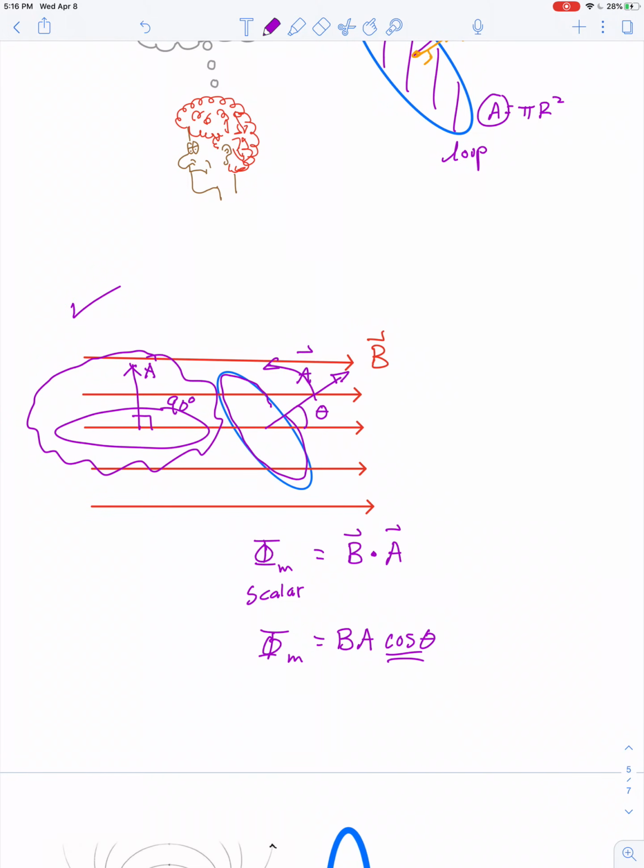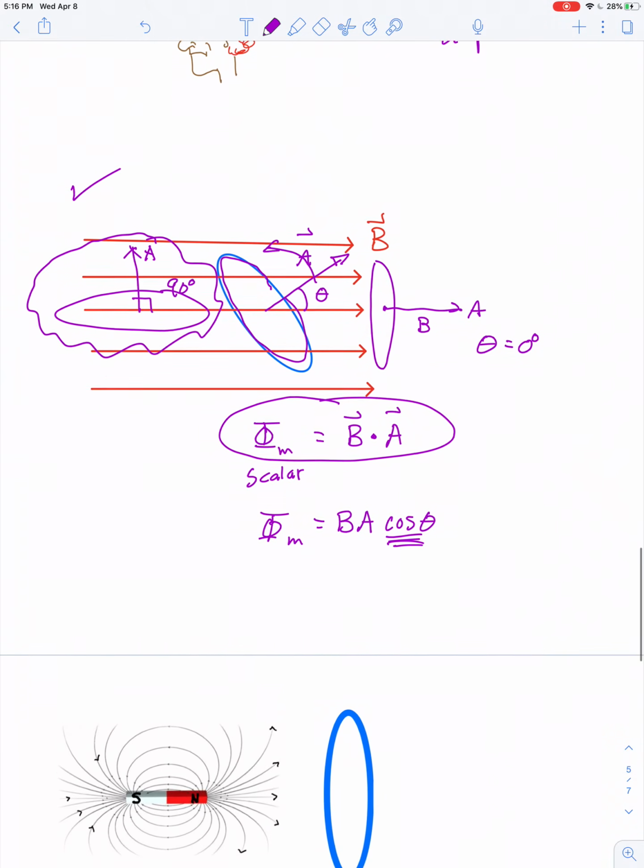Now, if we rotated the loop of wire so it sat in this arrangement, then we would have maximum flux because the angle between the area vector and the magnetic field would be an angle of 0, and cosine of 0 gives us 1. So this is our formula for calculating magnetic flux.